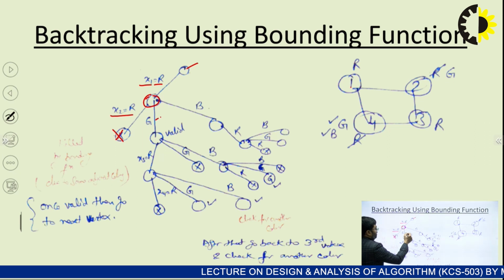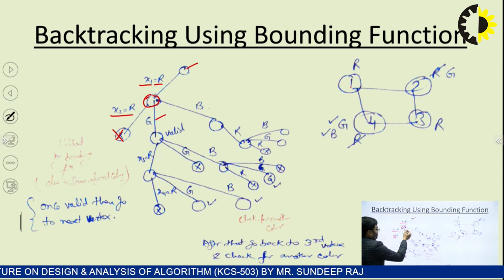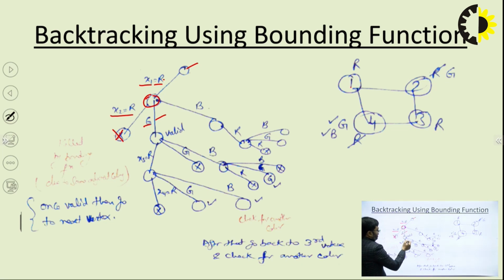Then we try for green, which means after red, green can be there, so this is a valid node up to this particular path. After that we again have 3 options: red, green and blue, and after green, red is valid. After green, green is not valid, so it can be cancelled.